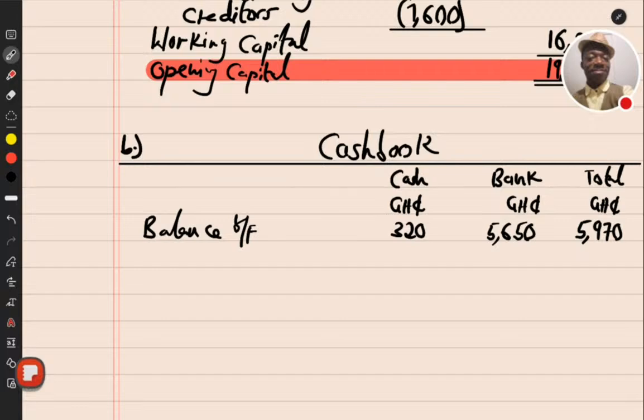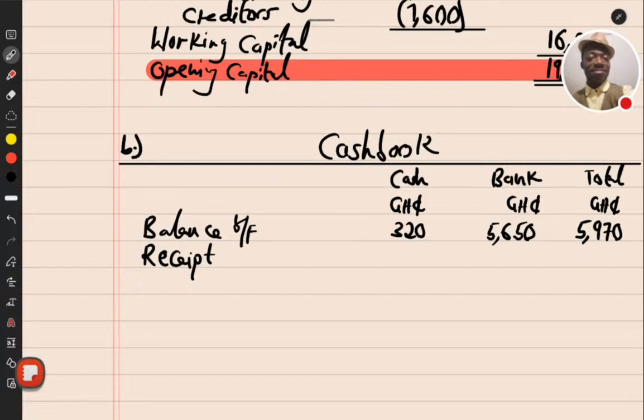So we want to know all the receipts so that we add all of them. We'll have a line item for the receipts, showing how much we received as cash, how much at bank, and the totals. After that, we'll deduct all payments, and the balance will give us the closing balances of the cash book with respect to cash and bank.